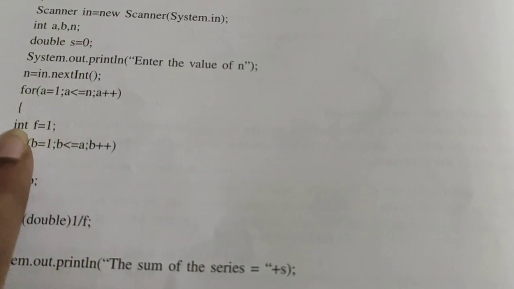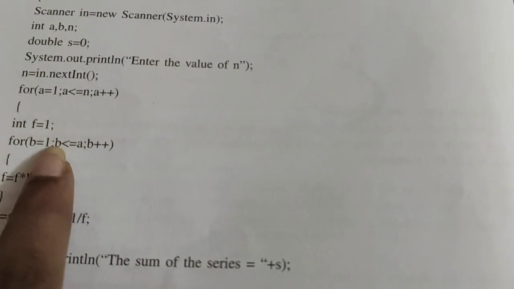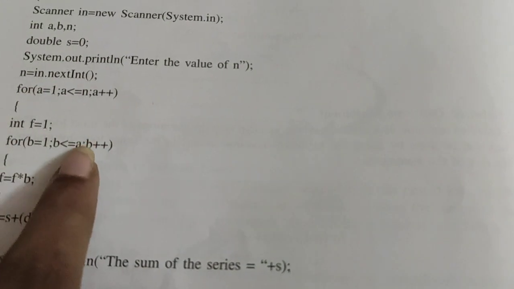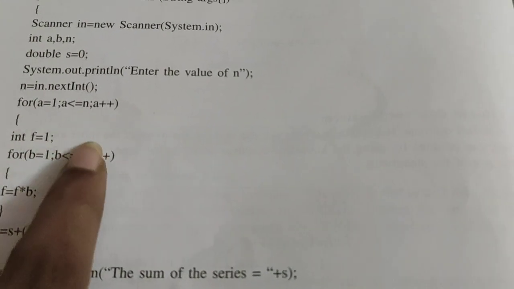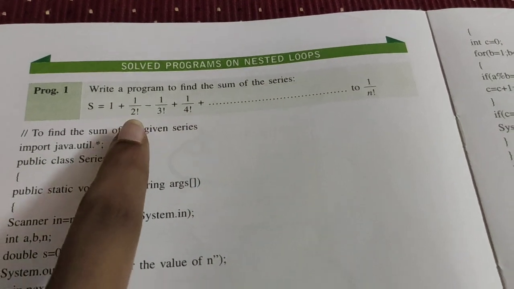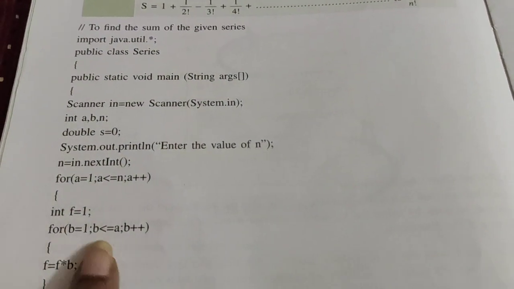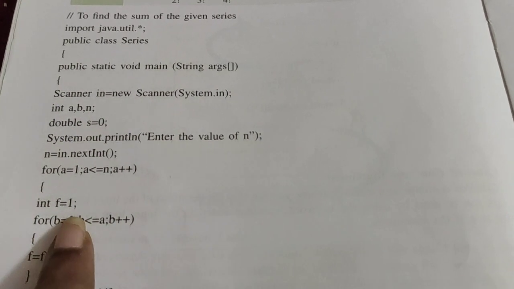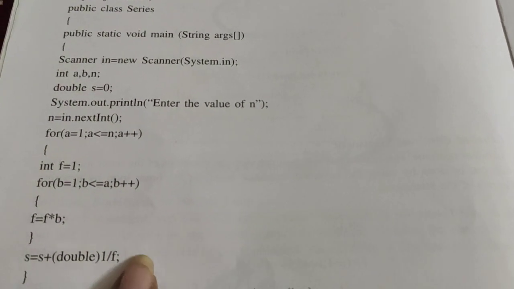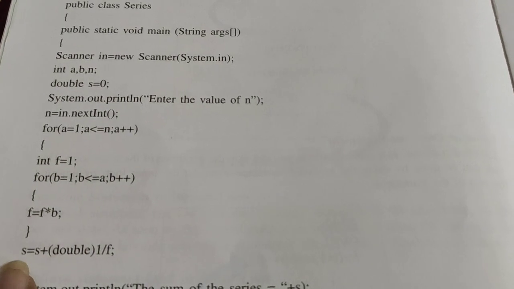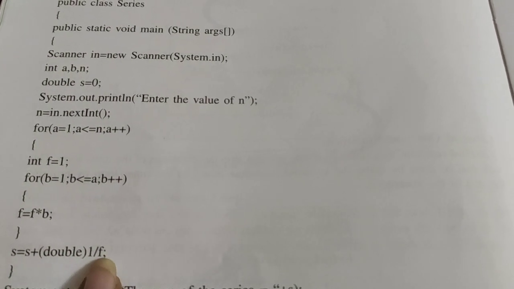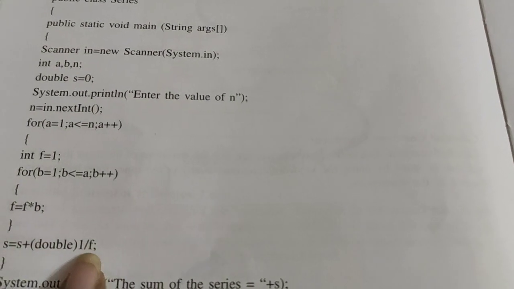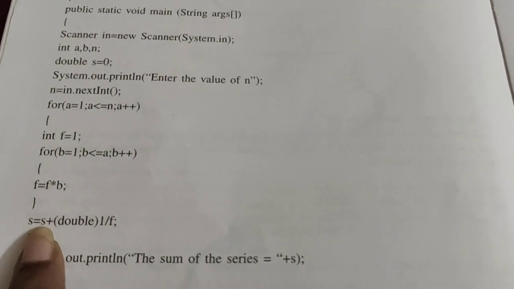So when it becomes 3, b is less than or equal to a fails. For the second iteration, till 2 only you can execute it. Here you need the 2 factorial, right? So till 2 you can execute this statement, and once it becomes 3 it will come out of the loop. You will add this, that is the previous sum plus 1 by now 2 factorial value, which will be in this f, and that will be added to the sum.